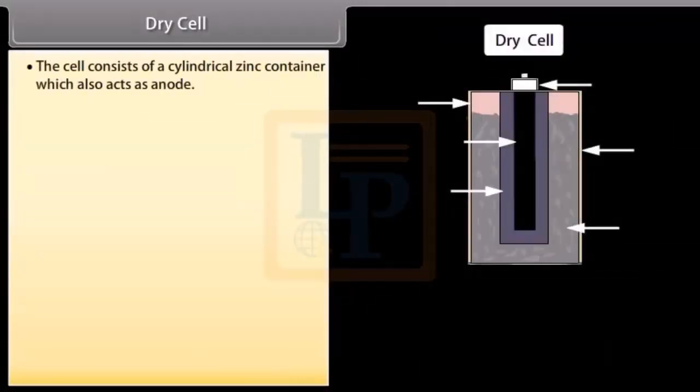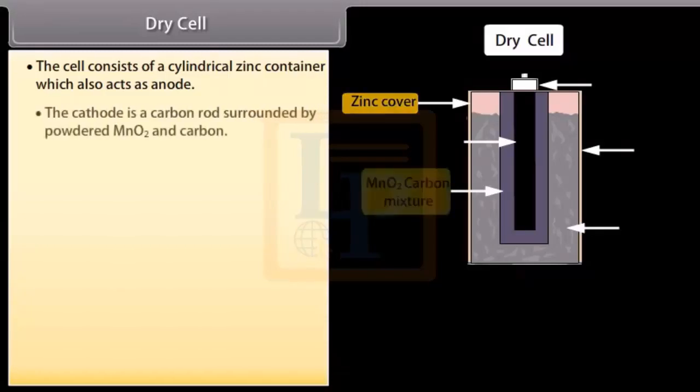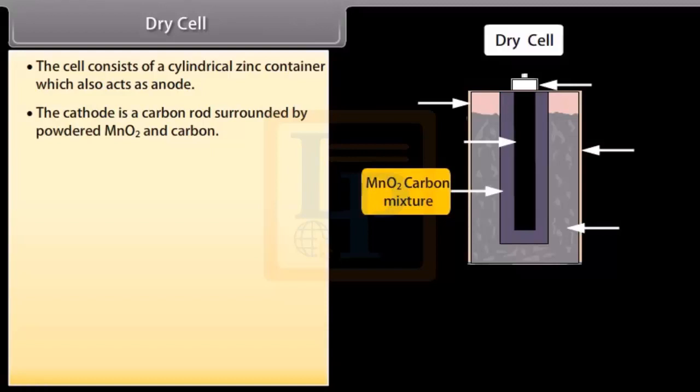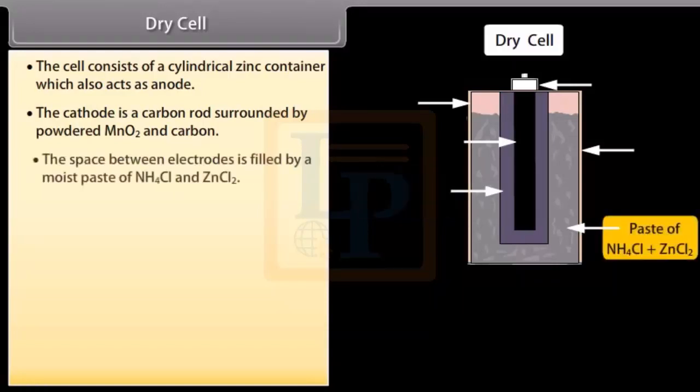Dry cell. The cell consists of a cylindrical zinc container which also acts as anode. The cathode is a carbon rod surrounded by powdered MnO2 and carbon. The space between electrodes is filled by a moist paste of NH4Cl and ZnCl2.